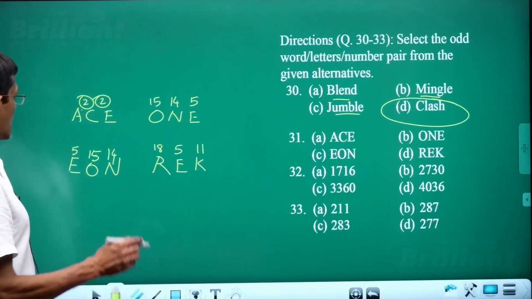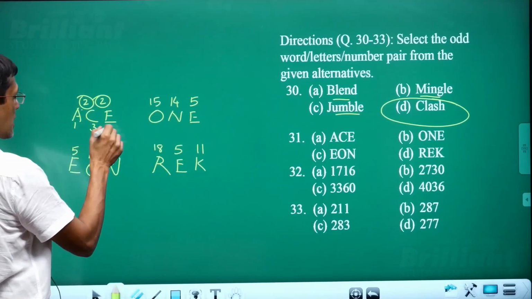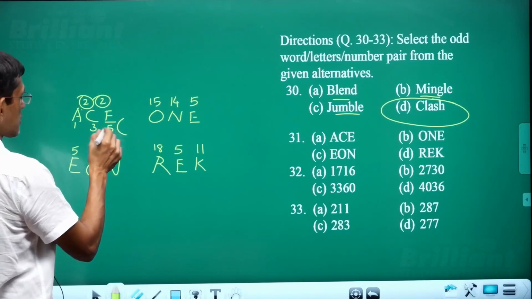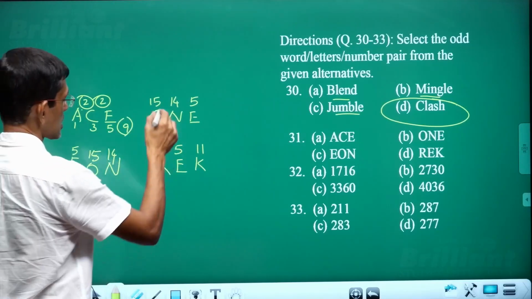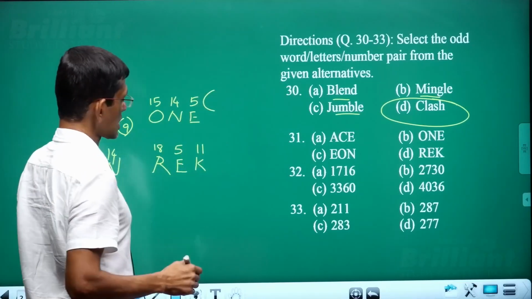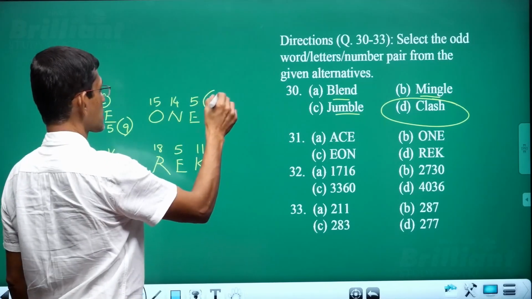Anything else? How about we add the position values of these letters? 1, 3, 5. How much you get? 5 plus 3 plus 1, 9. How about 14, 15, that is 29. 29 plus 5, 34.